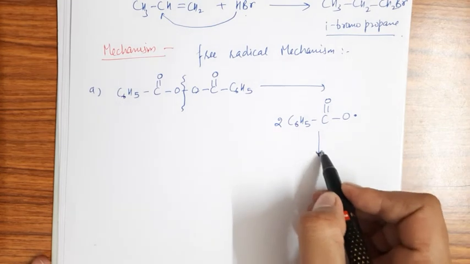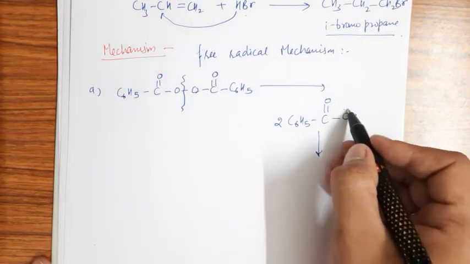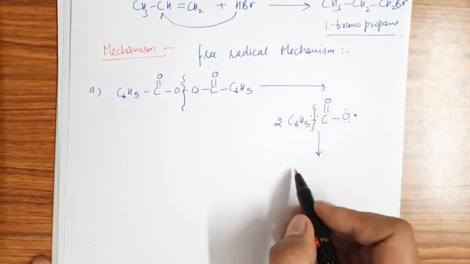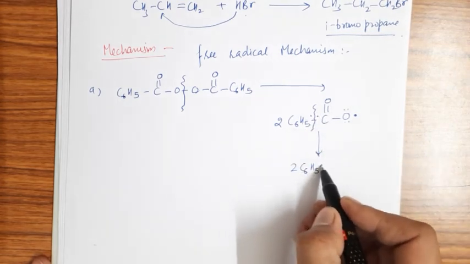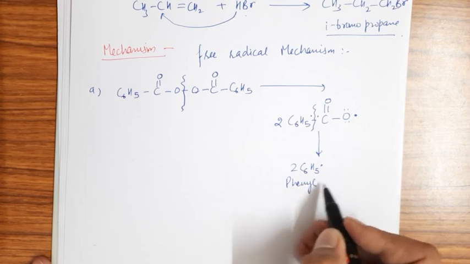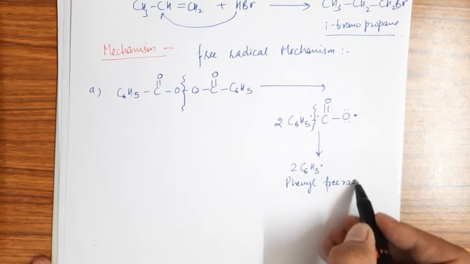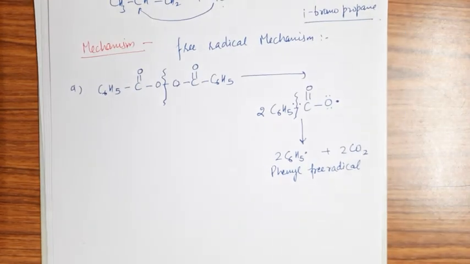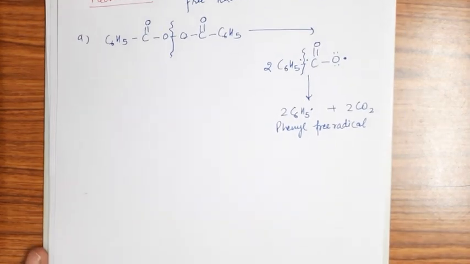Now this is again unstable, so it breaks from here, and we will get the phenyl free radical, right? And 2 molecules of CO2 will be released from here.